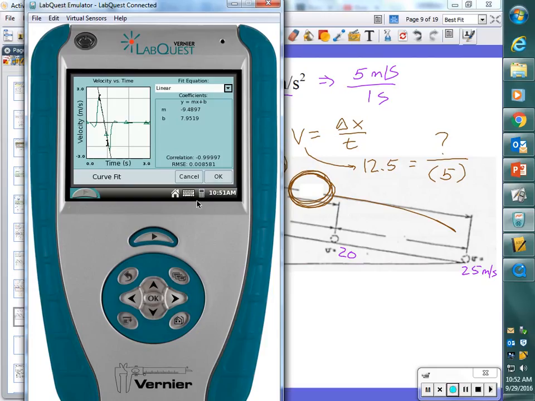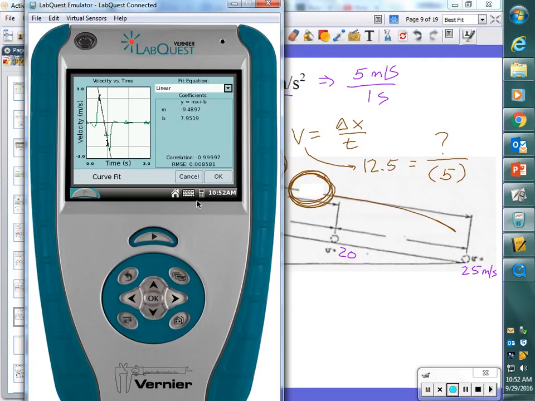So it's a linear graph, right? What's the slope of this graph? You sure? 9.48. All right, so 9.49. The slope on a velocity graph tells us acceleration.